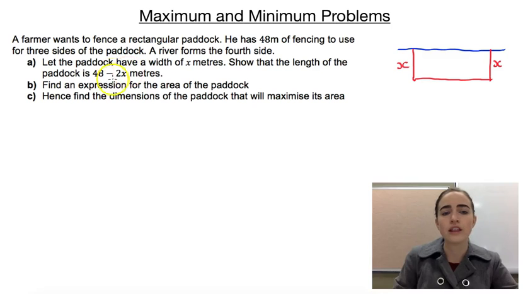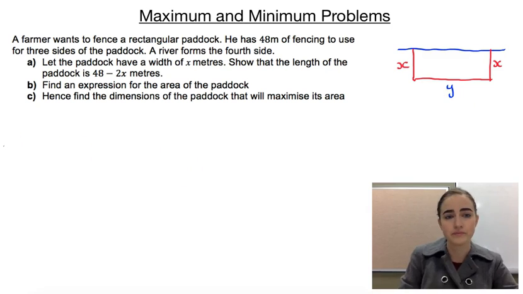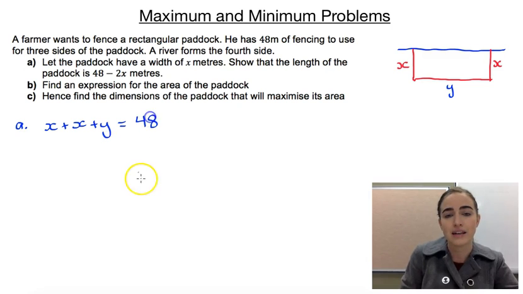Then it says, show that the length of the paddock is 48 minus 2x. So for now, let's call the length of that paddock y. Then we know that all 3 of those sides have to add up to 48 metres. So x plus x plus y has to equal 48 metres.